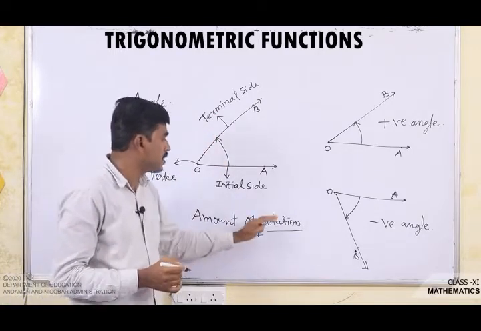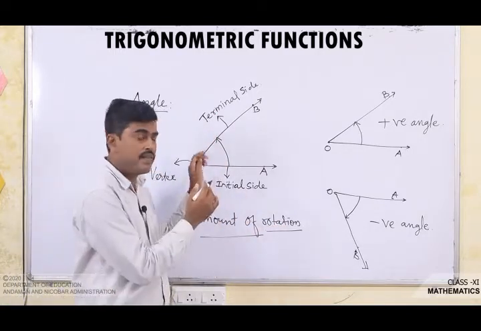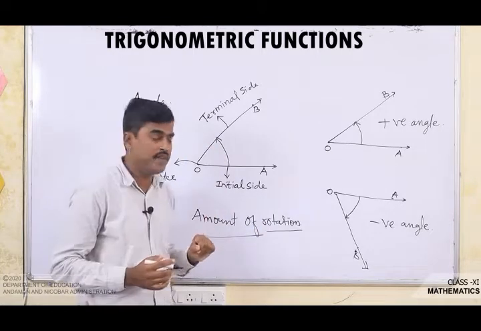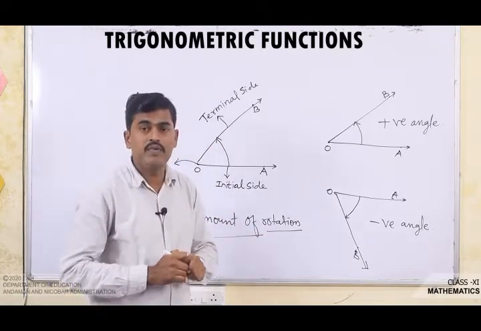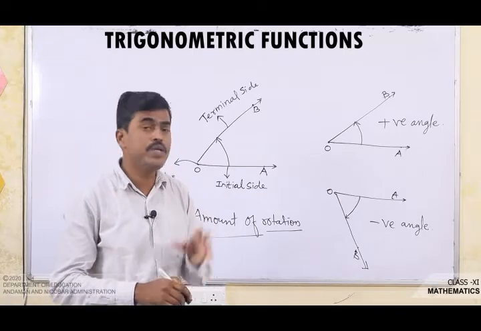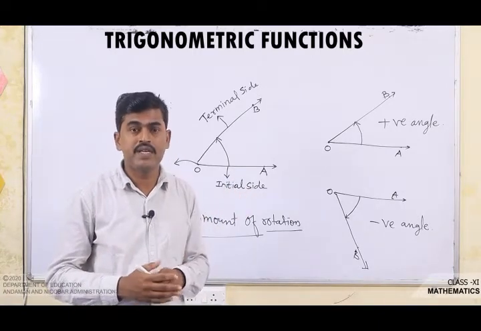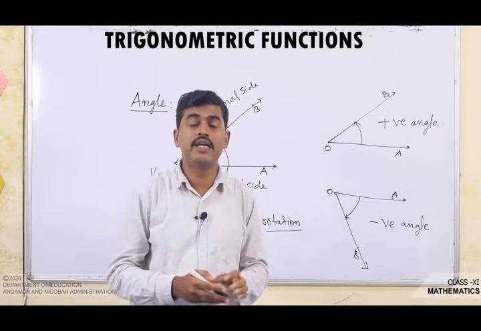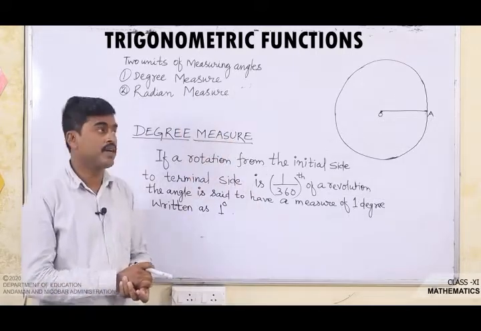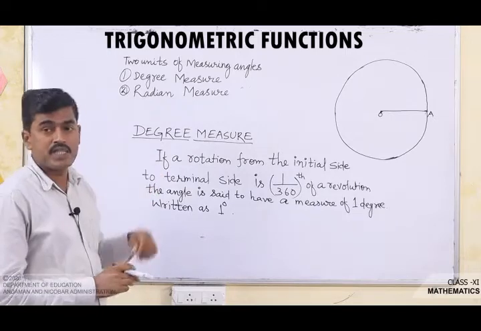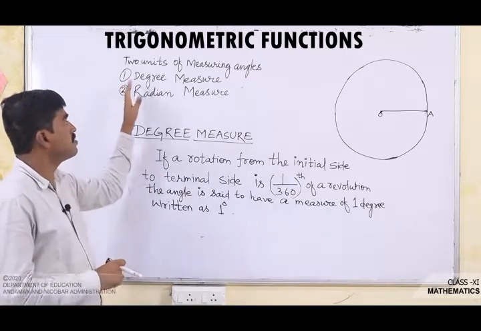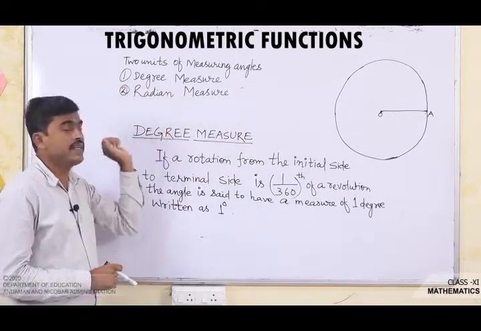That amount of rotation is called measurement of angle. Now we are going to discuss two units of measuring angles. The first one is degree measure and the second one is radian measure.